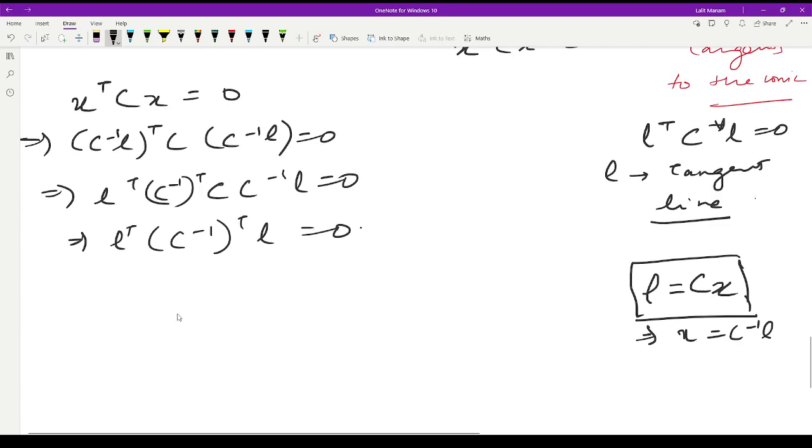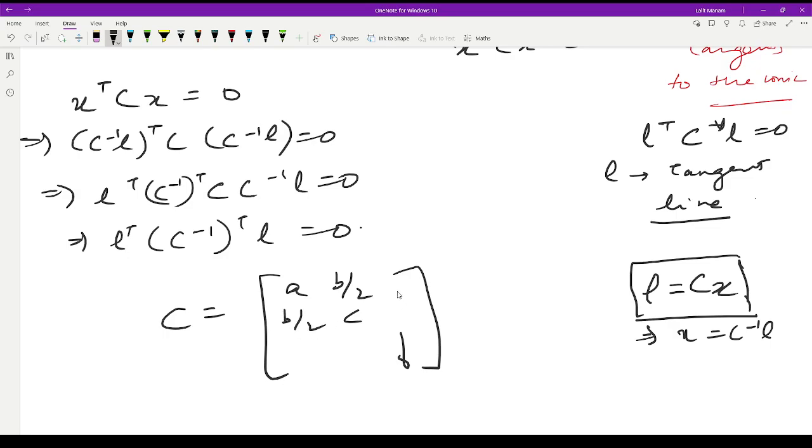Given this, if someone remembers the form of C, the diagonal elements are A, C, and F, and it's a symmetric matrix. So given that this is a symmetric matrix, the inverse will also be symmetric, right?